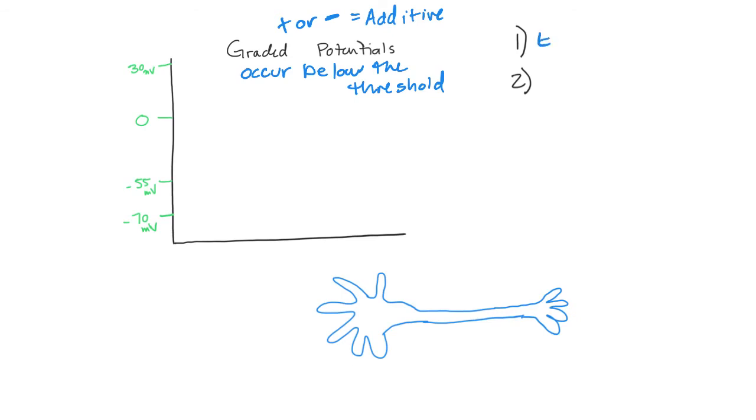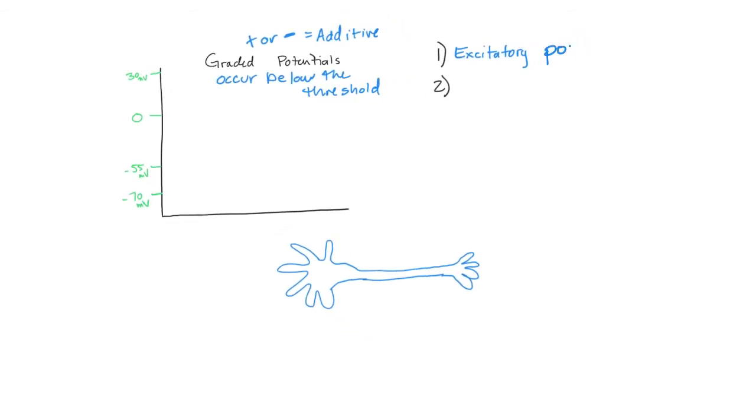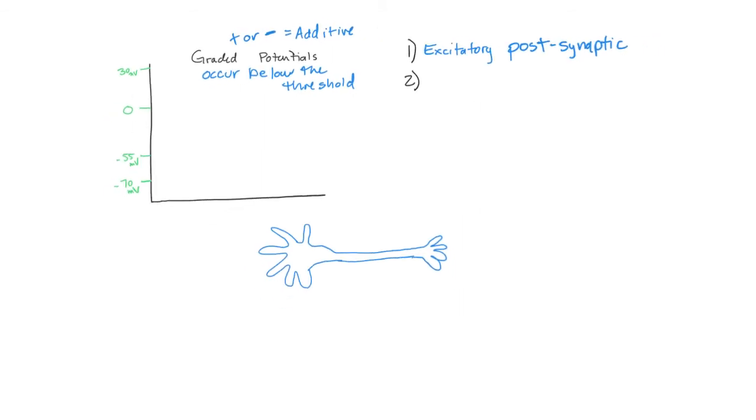We have the excitatory post-synaptic potential and the inhibitory post-synaptic potential.